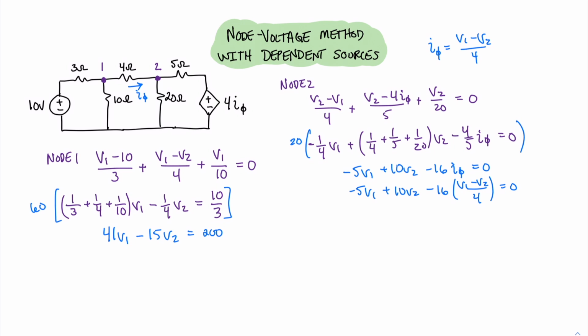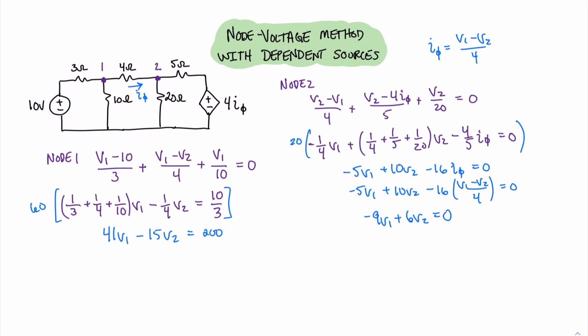Then, multiplying 16 divided by 4, which gives us 4, and moving the V1s and V2s around respectively, we get minus 9V1 plus 6V2 equals 0. Now we have our two equations: 41V1 minus 15V2 equals 200, and minus 9V1 plus 6V2 equals 0. And that is our system of equations.